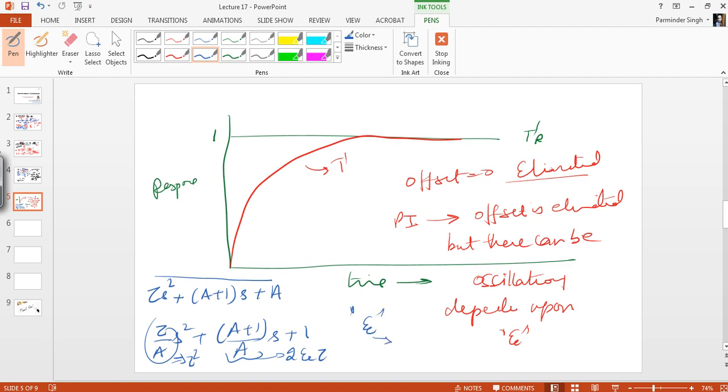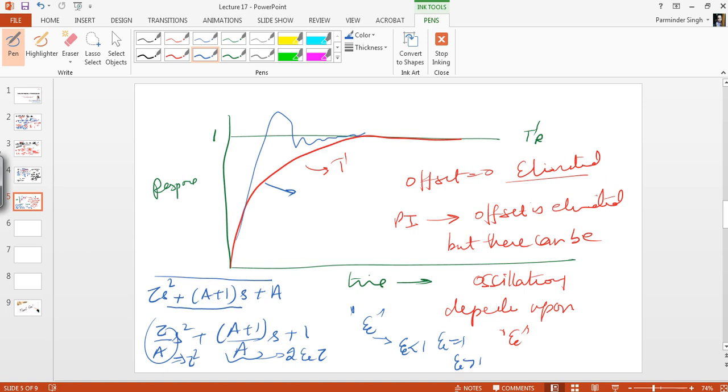So if zeta is less than 1, obviously there will be oscillations in the system, and if zeta is equal to 1 or greater than 1, that will be shown by this red line. Clear? But the main aim of using proportional integral is that it eliminates the offset, and oscillations will be there because of the nature of this transfer function. Clear? So this is how we can use proportional integral to eliminate the offset.